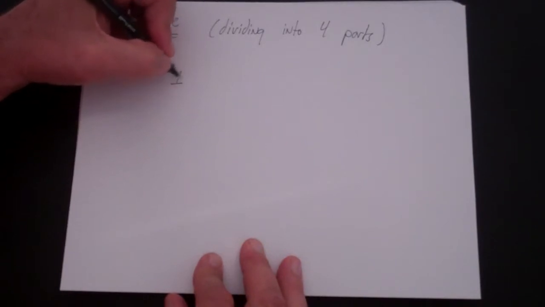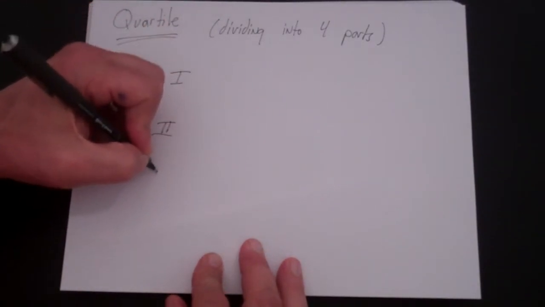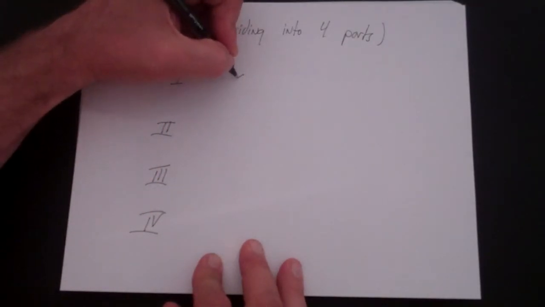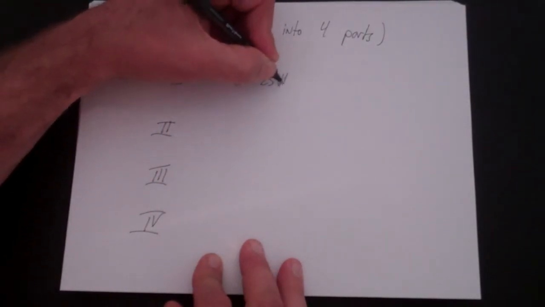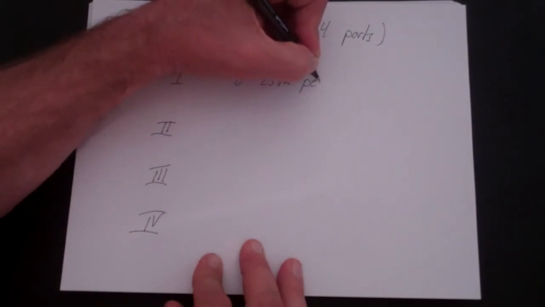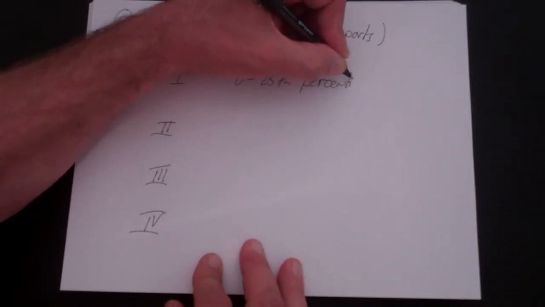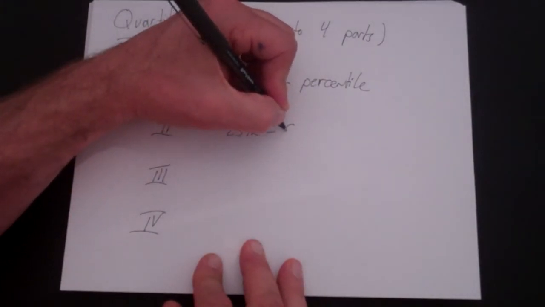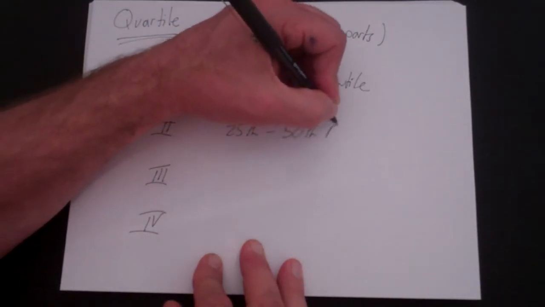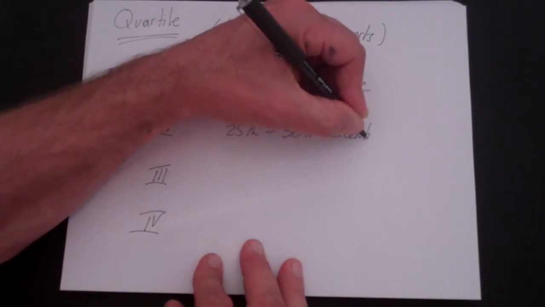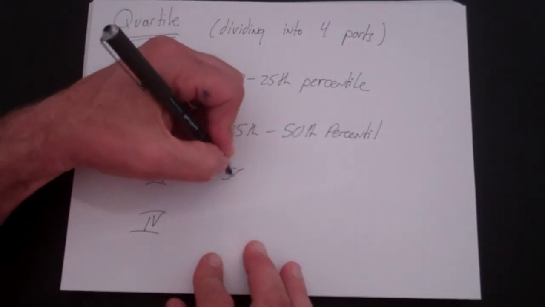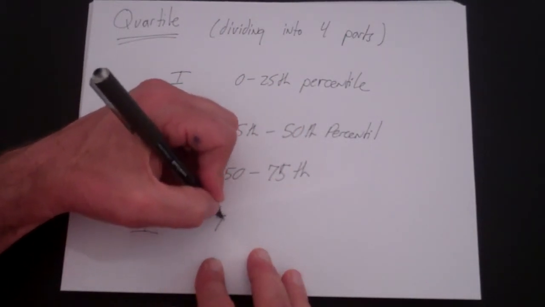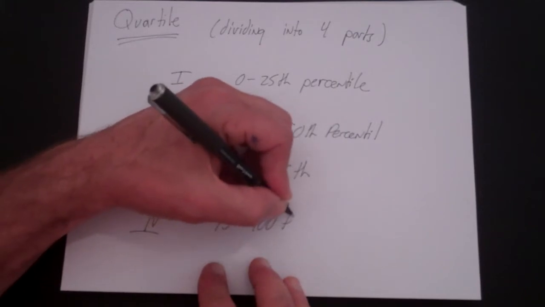And you have quartile 1, 2, 3, and 4. 1 is between 0 and the 25th percentile. 2 is between the 25th and 50th percentile. 3 is between the 50th and 75th percentile. And 4 is between the 75th and 100th percentile.